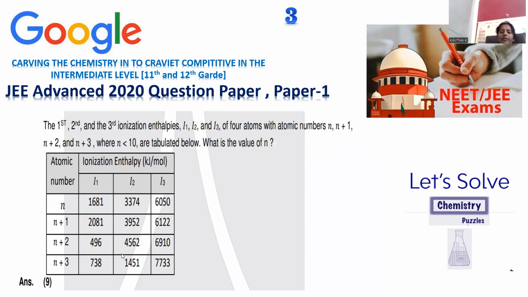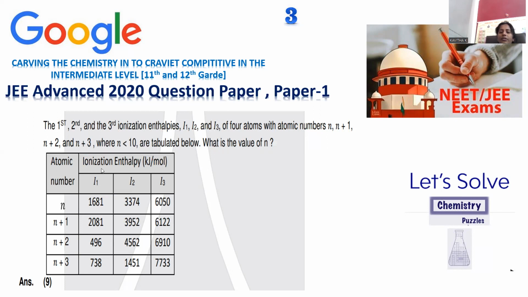In order to identify it, we have to go with the logic behind ionization enthalpy. Ionization enthalpy stands for the amount of energy required to remove an electron from a neutral gaseous atom. So if you want to remove the electron from the neutral gaseous atom, a certain amount of energy has to be supplied.